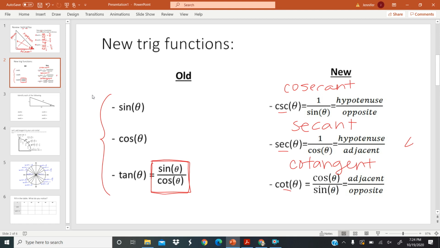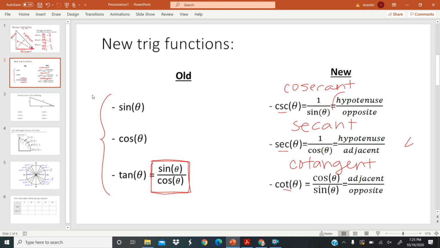So if you look at these, the cosecant is going to be 1 divided by the sine. Secant is 1 divided by cosine, and then cotangent is going to be 1 divided by the tangent, but it's also just going to be the cosine divided by the sine. So basically what's happening, whenever we were talking about sine, that was opposite over hypotenuse.